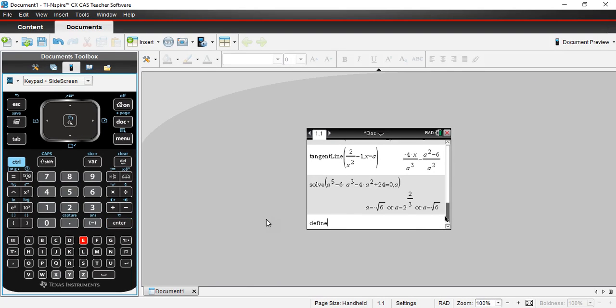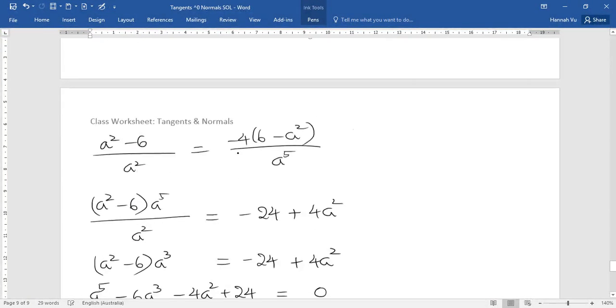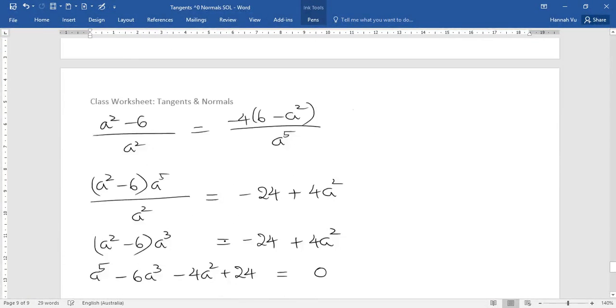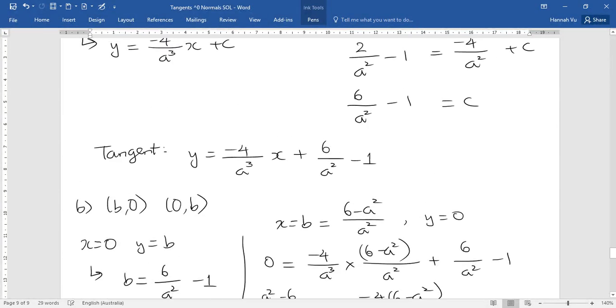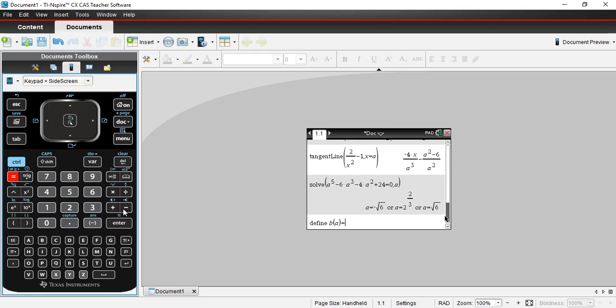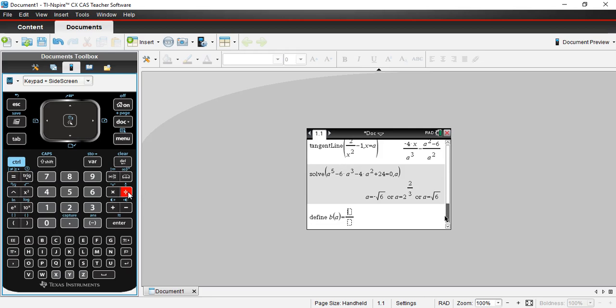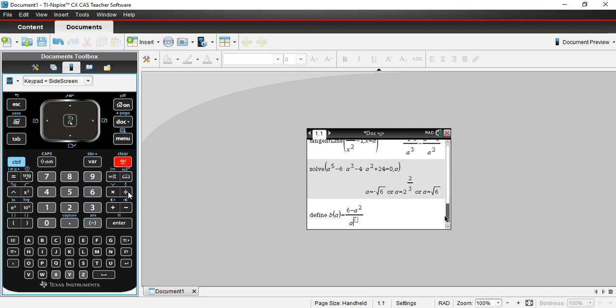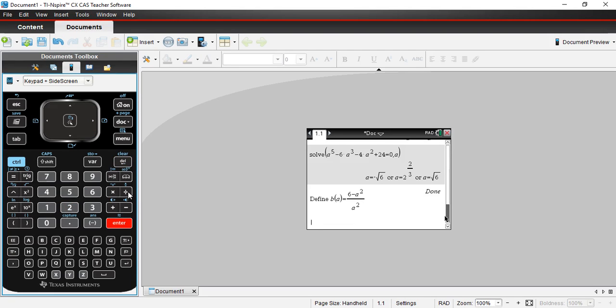I'm just going to define b in terms of a as 6 minus a squared over a squared. Okay, so b of the first one is negative root 6.